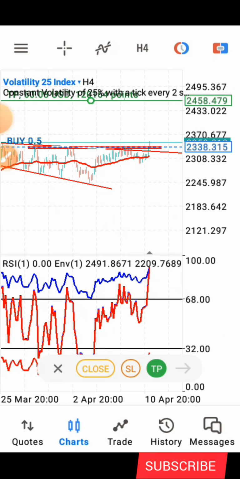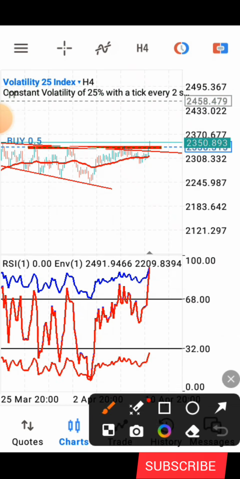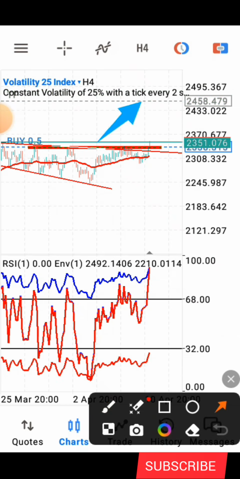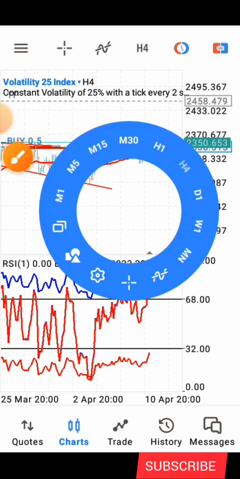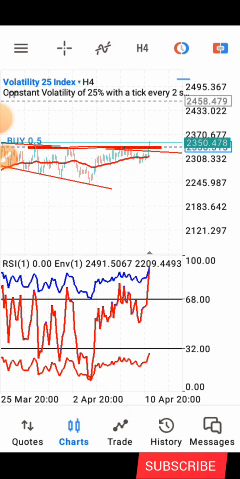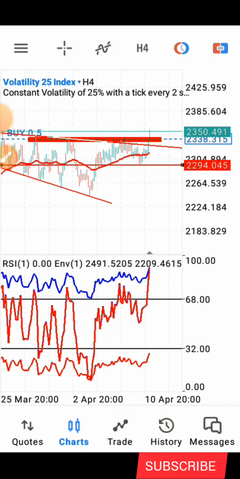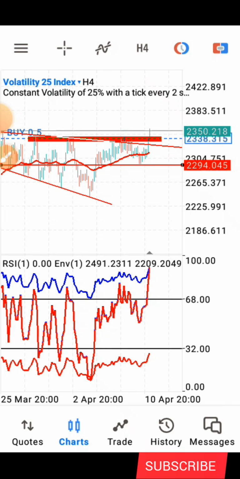So this is my TP area. As you can see, this is my TP area here, and this is where I will be placing my stop loss. But I already know where to place the stop loss, so there's no need for that, and I know what I'll be observing before I close the trade if it's going against me. I will not place the stop loss, and there's a reason for that.